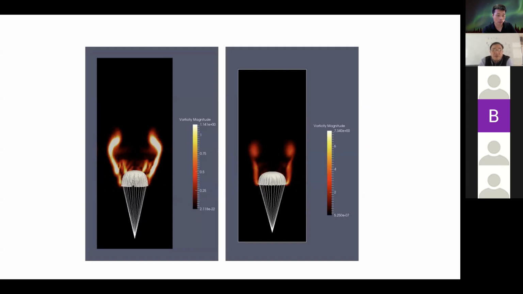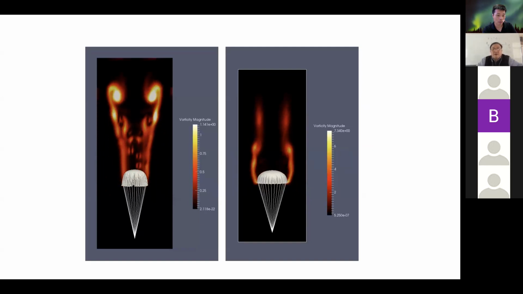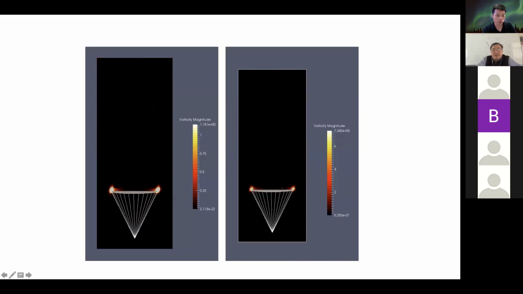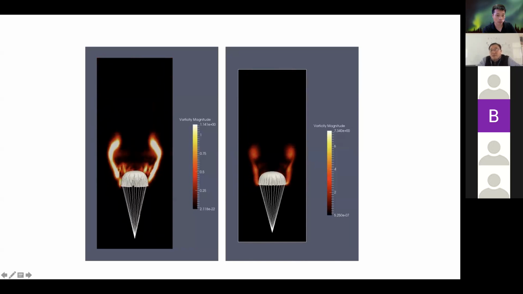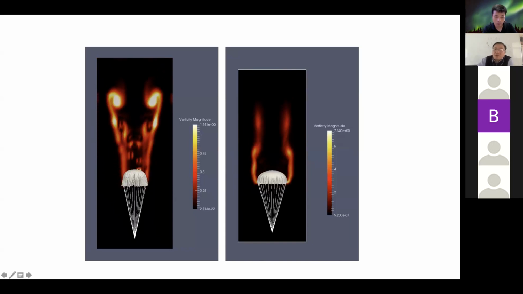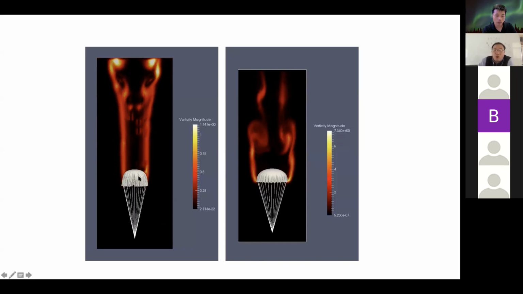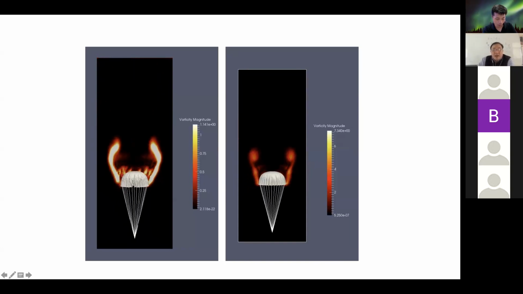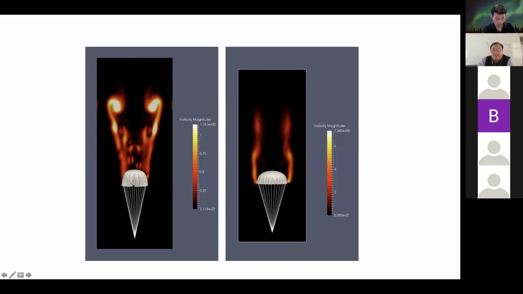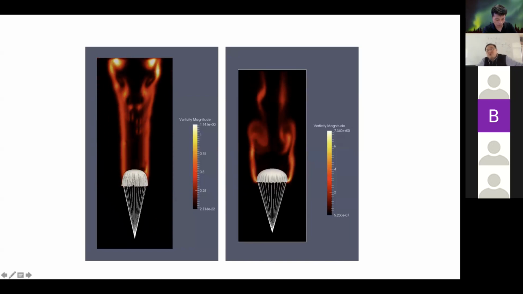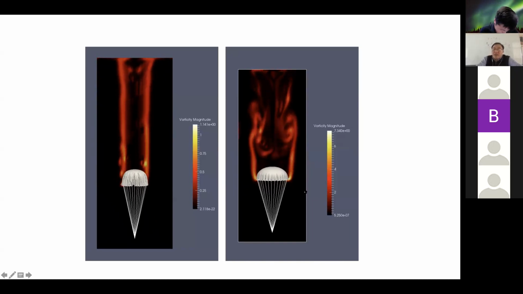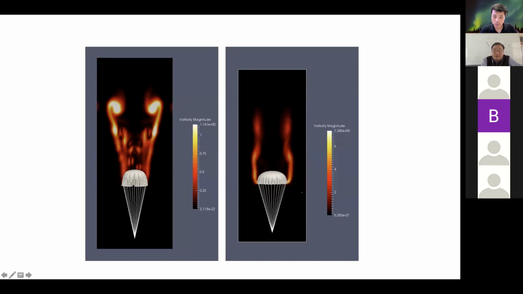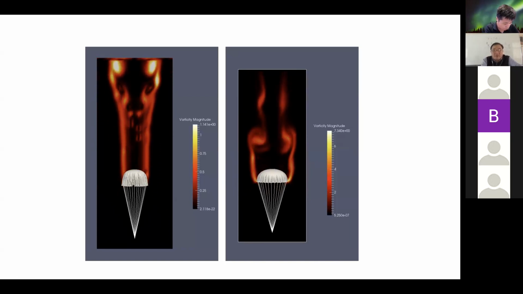And this is a three-dimensional simulation with different porosity. I don't have gamma here, but I remember that the gamma of this one is 0.1 and the gamma of this one is about 0.5. With different porosity, you get a different cross-sectional area of the parachute, and of course that will give you a variation of the drag of the interface.